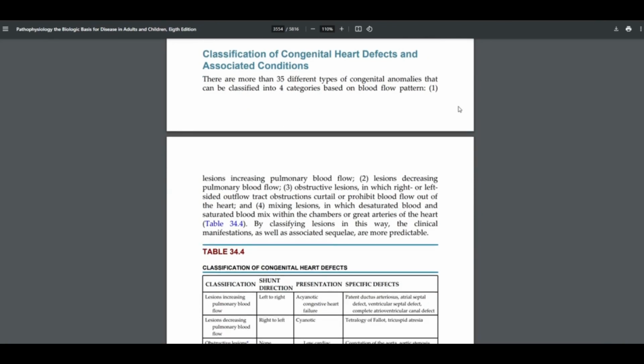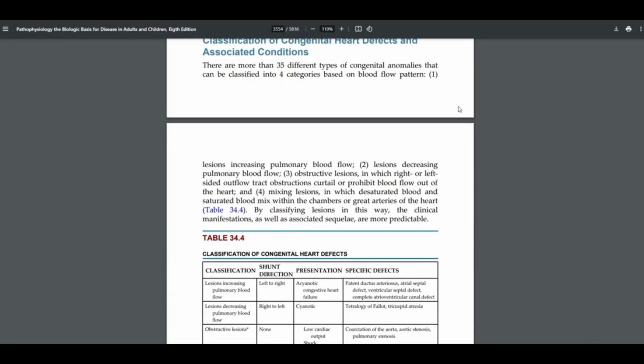The classification of congenital heart defects and associated conditions. There are more than 35 different types of congenital anomalies that can be classified into 4 categories based on blood flow patterns.